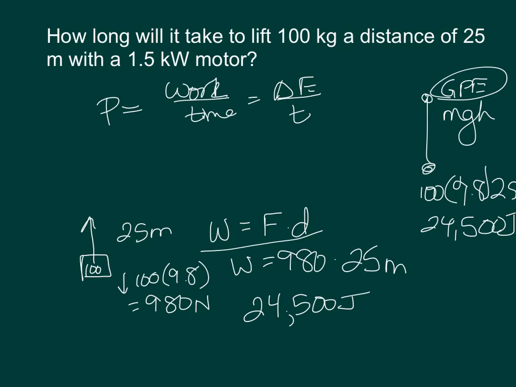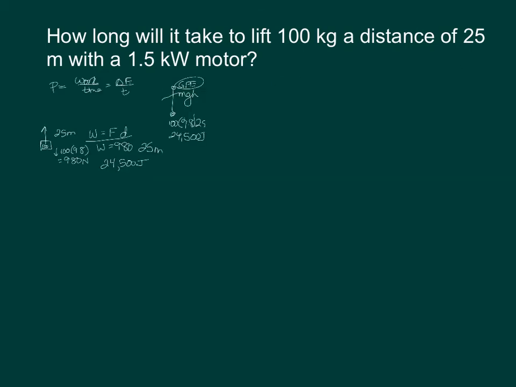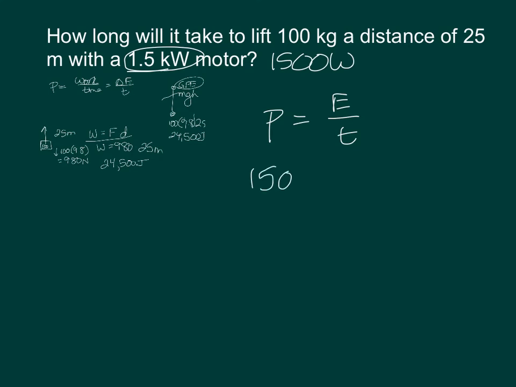So now for the rest of the problem. We have that power is equal to, let's just do our energy divided by time because I really like energy more than work. Okay, we have 1.5 kilowatts, so that's 1,500 watts. In this equation, we need to have our standard units, and so we need to make sure we standardize our units.